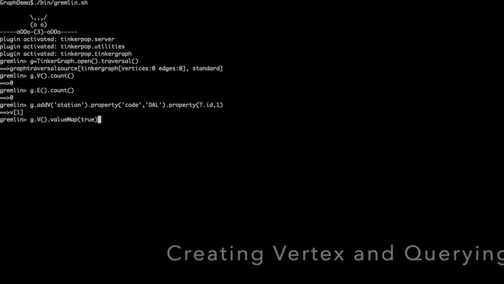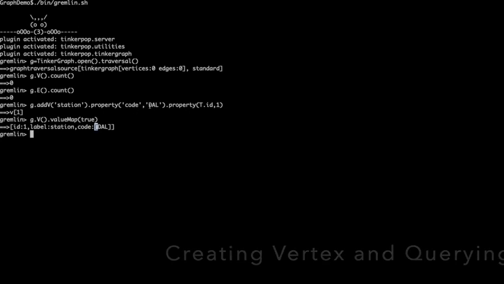That means it lists out all the properties about that vertex. So you see this ID is 1 and the label is station and the code is equal to like this. The code is the key and the value is Dallas. So as I told you, if you provide the key and value to property, this value is always going to be stored as an array or list of values.